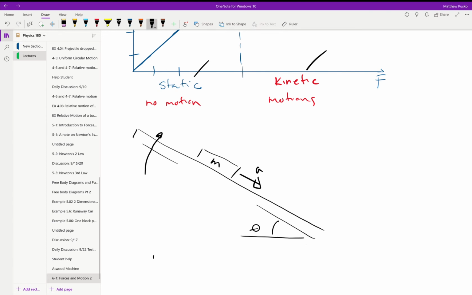Remember we take the mass times gravity, pointing straight down, then we can break this into parallel and perpendicular components. Once this component that's going down the incline, mg sine theta, is bigger than the frictional force, it's going to accelerate.